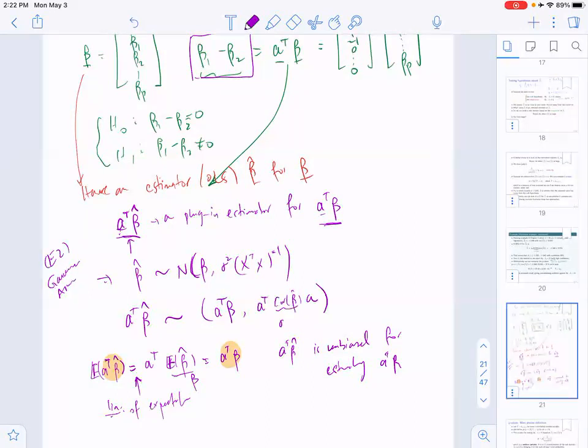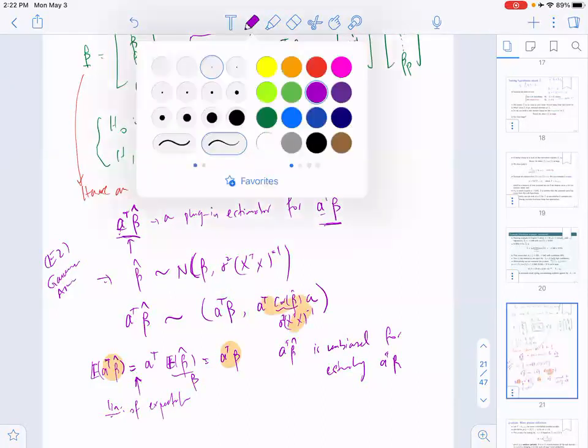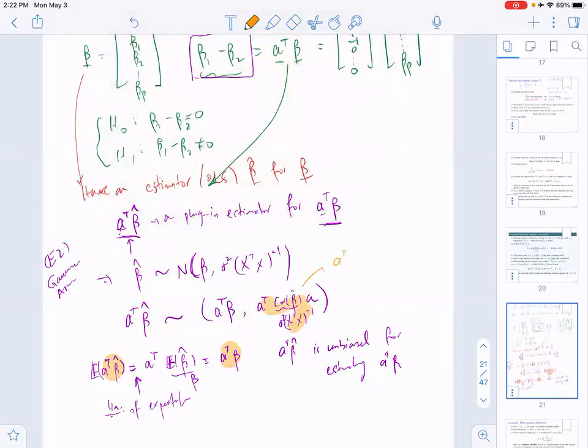And the covariance of beta hat is sigma squared X transpose X inverse. So what we get is A transpose sigma squared X transpose X inverse A.